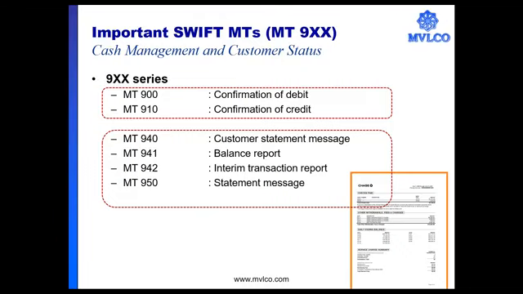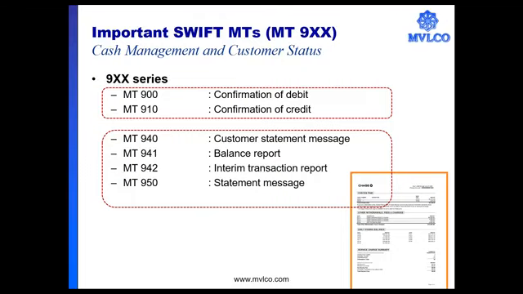You could get a statement either in MT940 format, which is a customer statement message, or an MT950, again a statement message. So statement messages 940 and 950 provide you with the details of the opening balance, the debit transactions in your account, the credit transactions in your account, and the closing balance for the day.